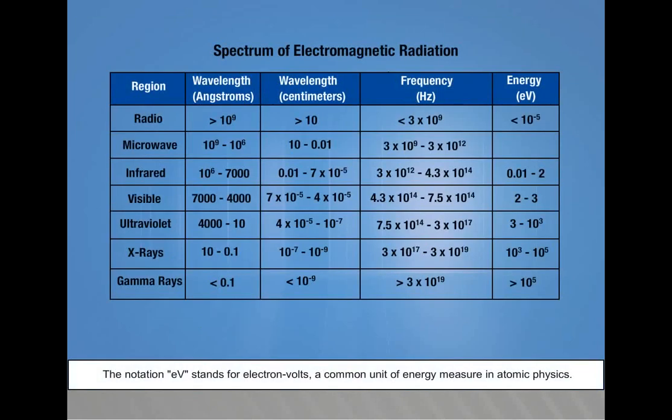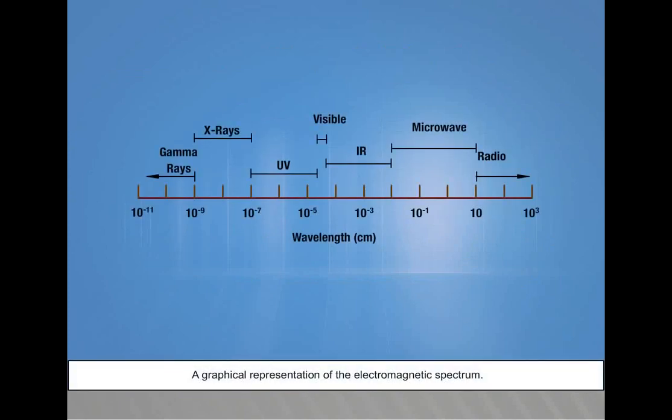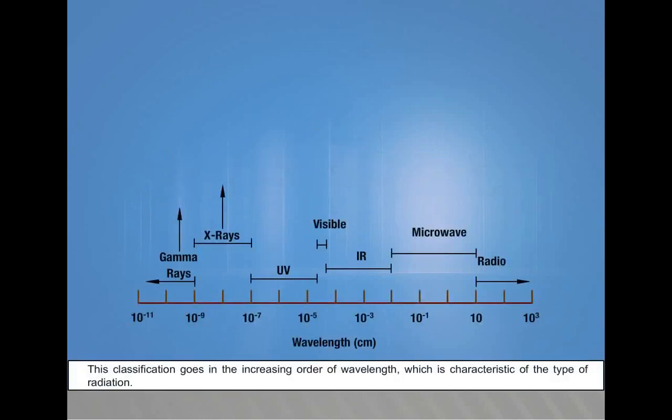The notation eV stands for electron volts, a common unit of energy measured in atomic physics. A graphical representation of the electromagnetic spectrum. This classification goes in the increasing order of wavelength, which is characteristic of the type of radiation.